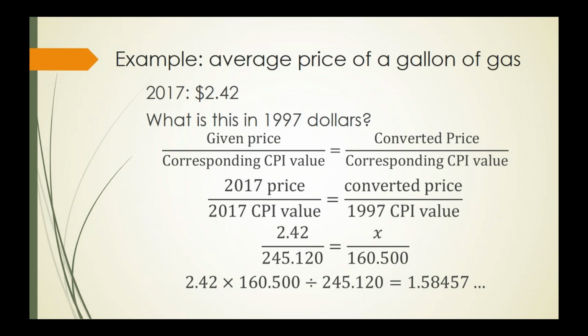So 242 over 245.120 equals X over 160.500, and then you solve the proportion by cross-multiplying and dividing. 242 times 160.5 divided by 245.12 equals 1.58457, etc., rounds to about $1.58.